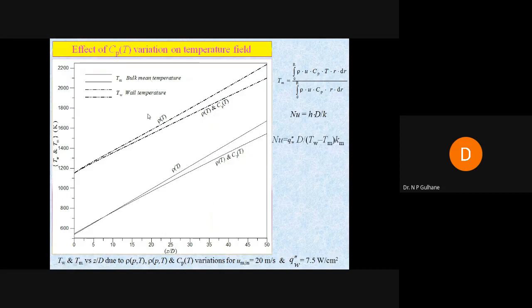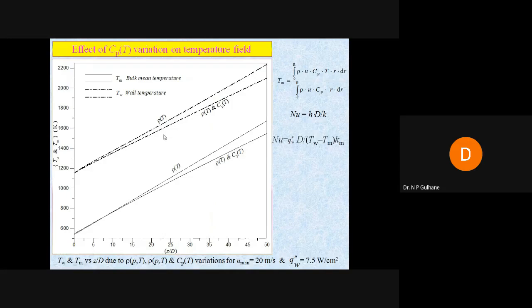This is the bulk mean temperature, the continuous line, and this is the wall temperature. You can see in both the cases, the wall temperature and the bulk mean temperature both reduce because of the addition of Cp. If you add Cp to rho, you can see the line is lower than the original one in both the cases. That is the first observation.